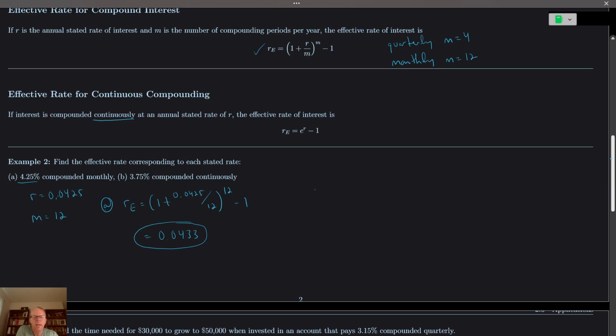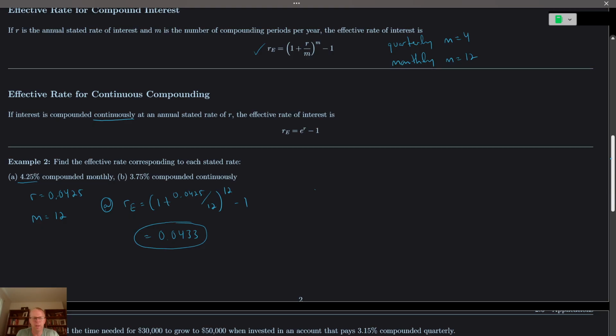So just keep that in mind. If you get something like 62% for your effective rate, you probably did something wrong, because your given rate's probably not going to be anywhere near that. Your answer here should be close to the rate that was given, but not going to be the same.